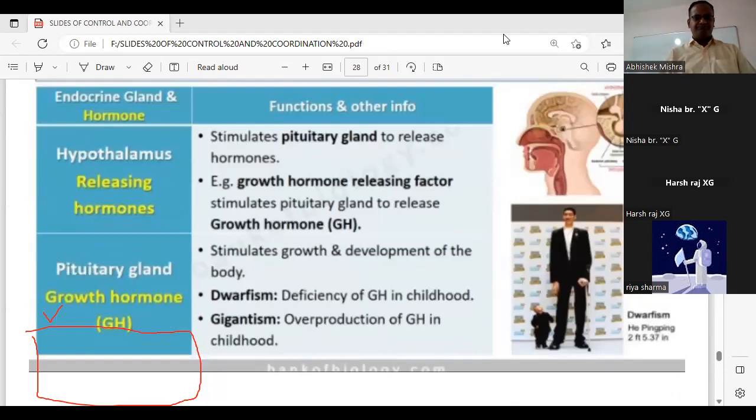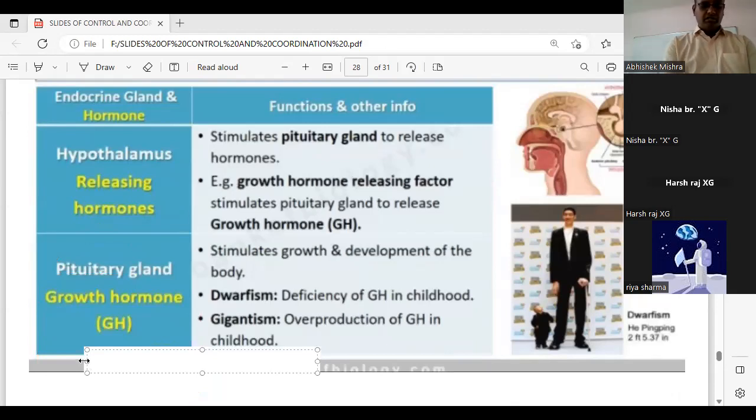I'm writing here. One is called hyposecretion, and another term is called hypersecretion.